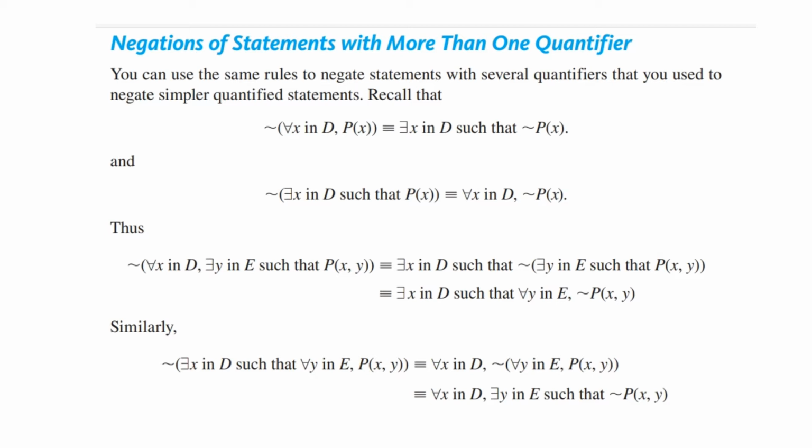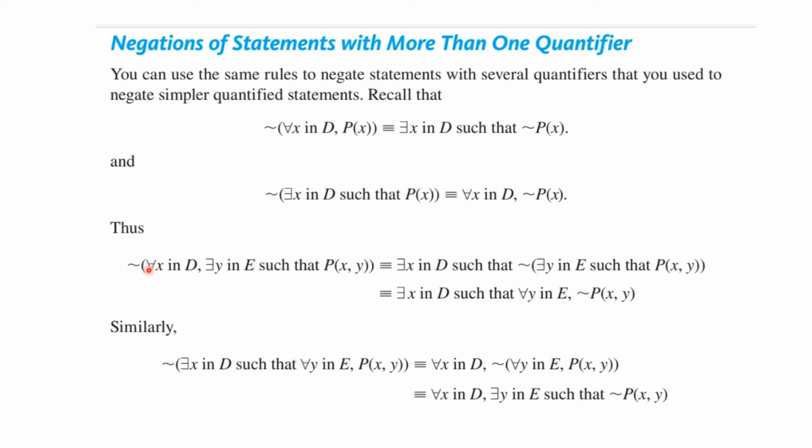Let's move on and talk about negations of statements with more than one quantifier. You can use the same rules to negate statements with several quantifiers that you use to negate simpler quantified statements. So if you take the negation of this statement, that's logically equivalent to there exists x in D such that not P of x. And if you negate this statement, that is logically equivalent to for every x in D, not P of x.